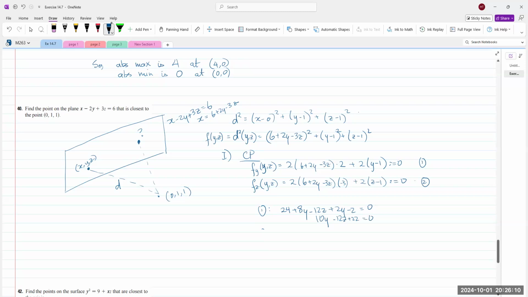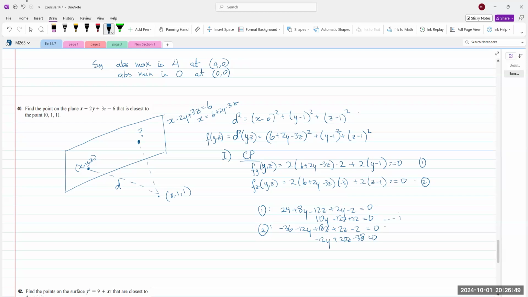Now equation 2, that is negative 36 minus 12y plus 18z plus 2z minus 2 equals 0. Am I right? Okay, so that's negative 12y plus 20z minus 38 equals 0.